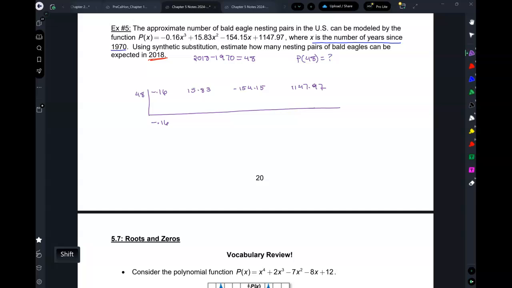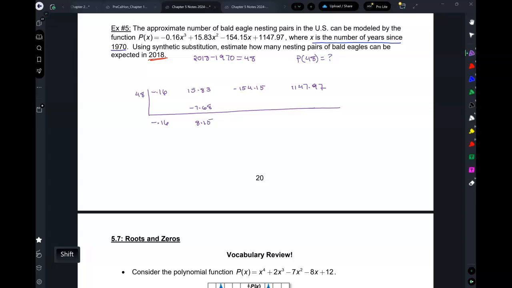How much does that give us? Negative 7.68. So go ahead and subtract. 8.15.